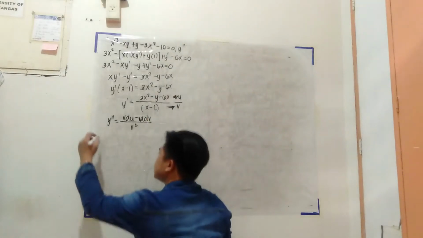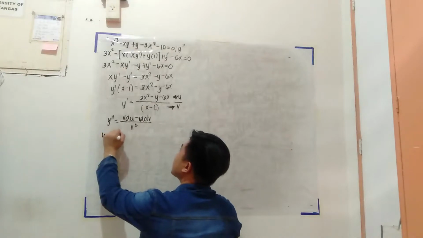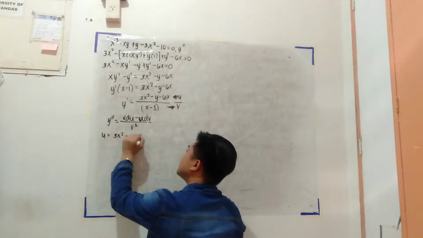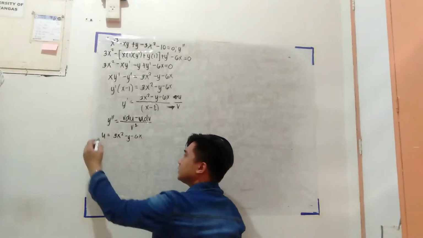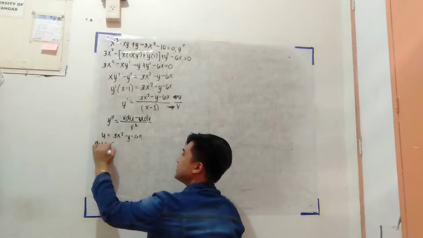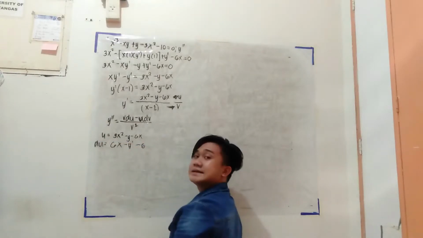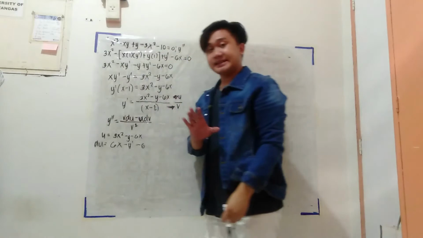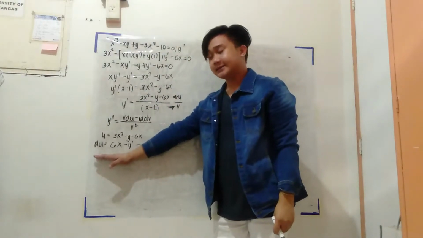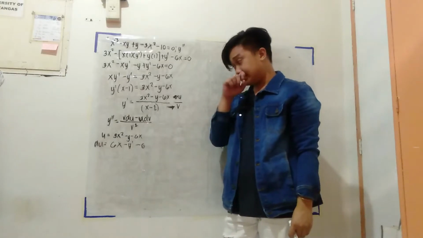So first guys, u is equal to 3x squared minus y minus 6x. If you want to get the derivative of u, edi differentiate ko lang to. This will become 6x minus y prime minus 6. Observe natin guys, yung du natin. 6x minus y prime minus 6.